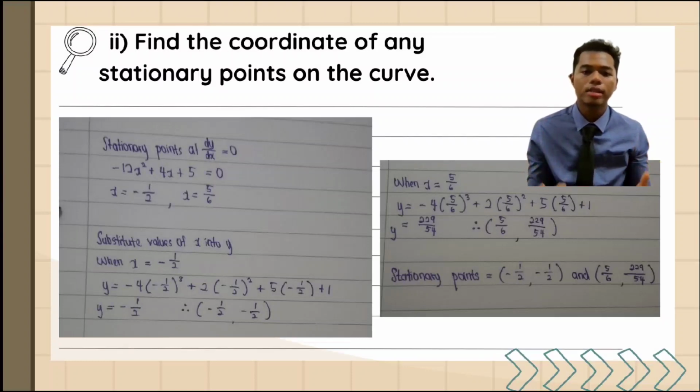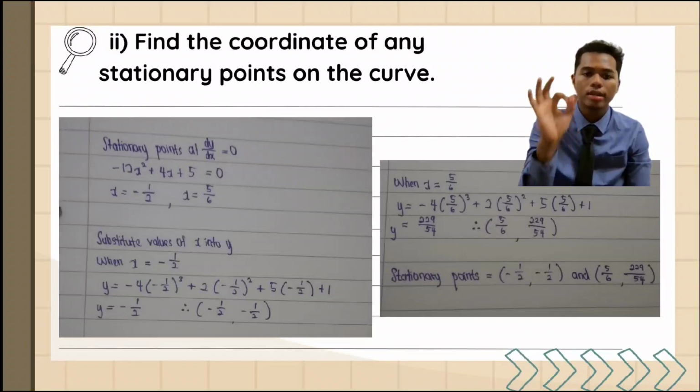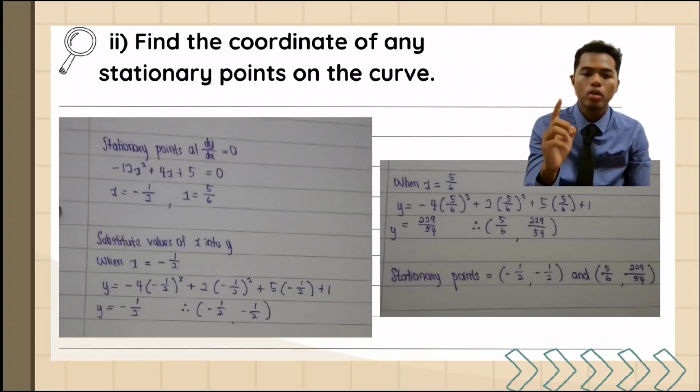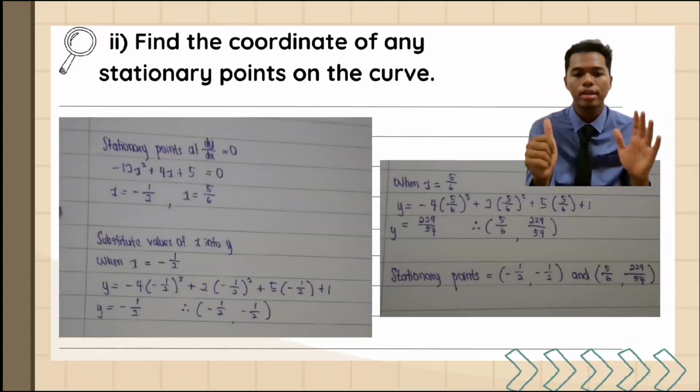Okay, for the next question, find the coordinate of any stationary point of the curve. As we know, the stationary point or turning point is at dy over dx equal to 0. So we factorize the equation to get the value of x, which is negative 1 over 2 and 5 over 6.